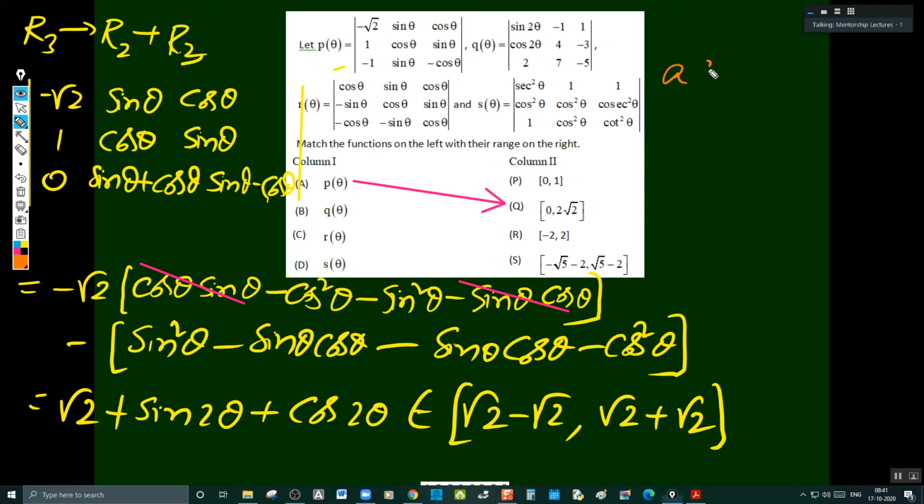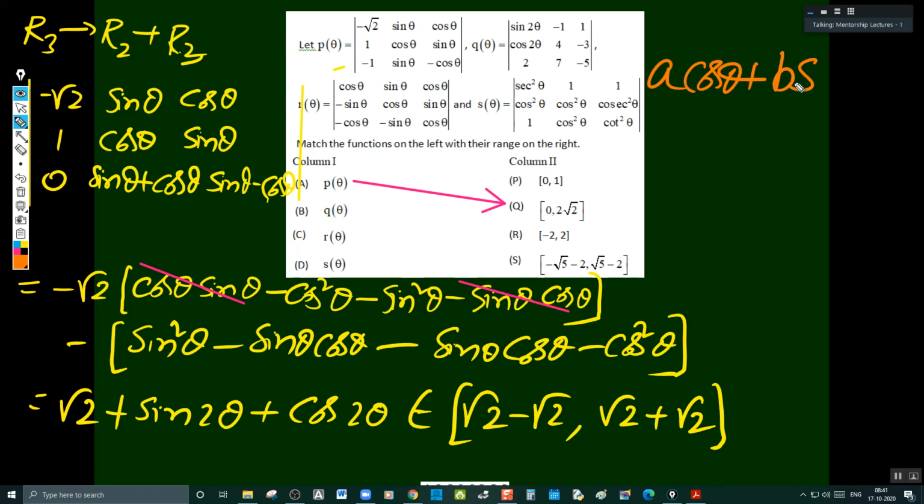A cos theta plus b sin theta plus C. The upper range is C plus under root a square plus b square and the lower range is C minus under root a square plus b square. Correct.